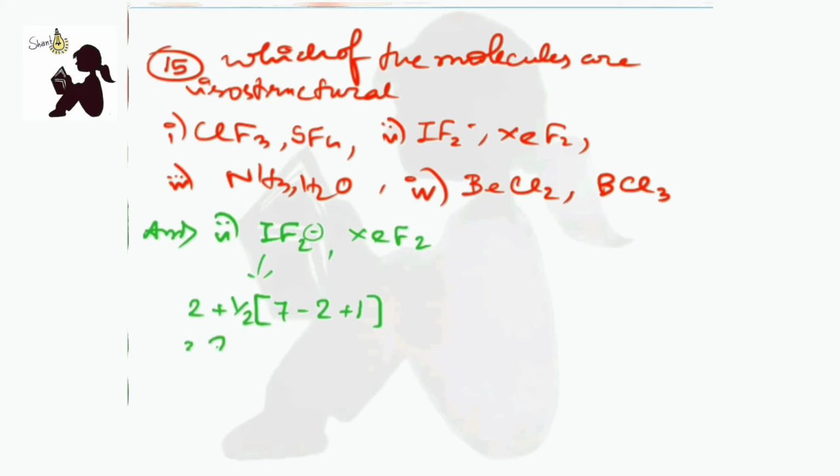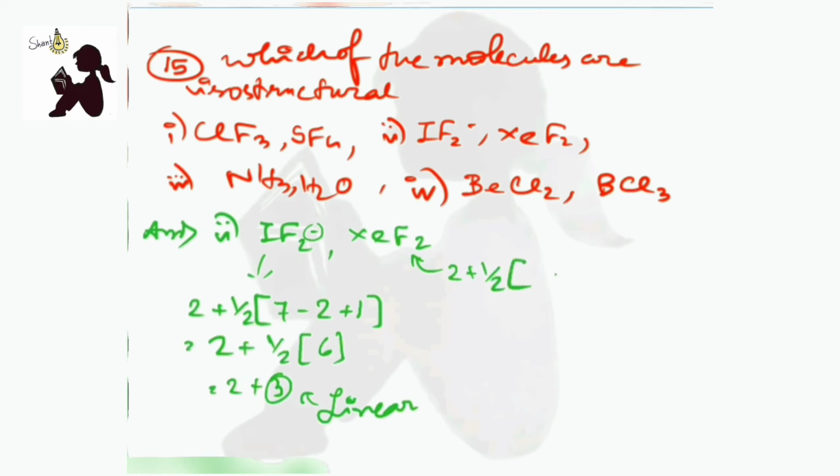Then it will be 6, so it will be 2 plus 3. So its shape will be linear. Now for XeF2, we can see that it is 2 plus half into 8 minus 2. That means it is also 2 plus 3. So its shape is also linear. So here we found in option 2 that IF2 minus and XeF2 are isostructural.